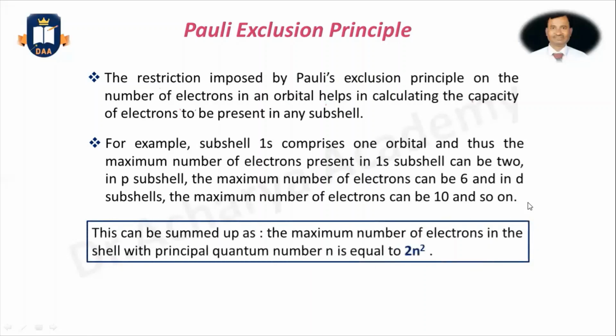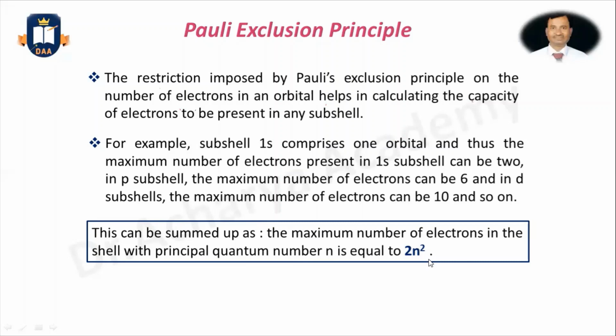So how do we sum up all this about the Pauli exclusion principle? The maximum number of electrons in the shell with principal quantum number n will be 2n square.